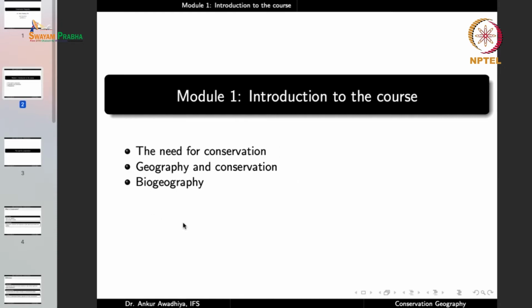And in biogeography, we will try to understand how different biotic phenomena are differentially distributed on this planet. That is, why do certain areas have certain organisms and not others? That is how biodiversity is distributed on this planet and why it is distributed in the way that it is distributed.